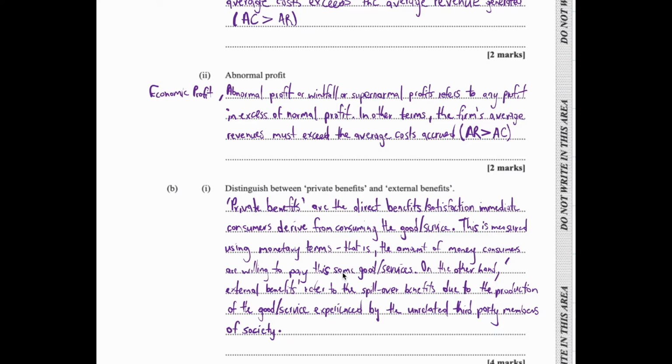On the other hand, external benefits refer to the spillover benefits due to the production of a good or service experienced by the unrelated third party members of society.